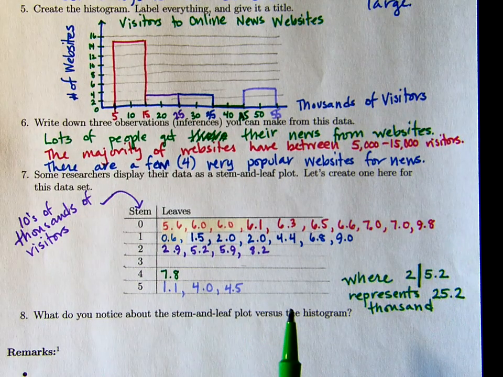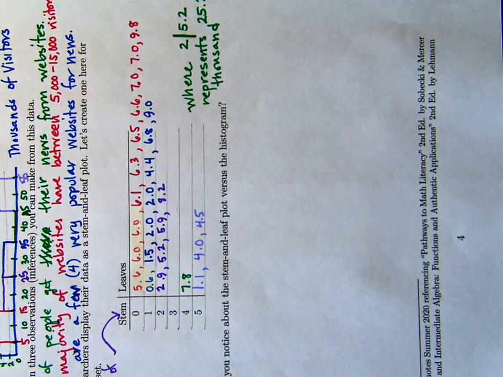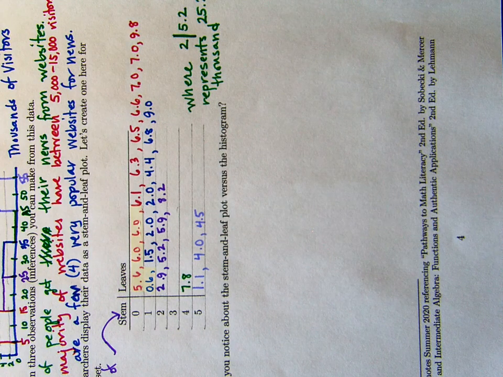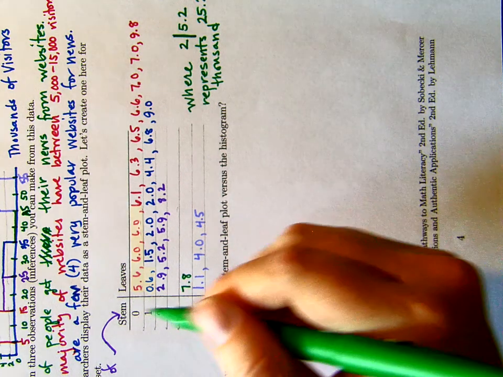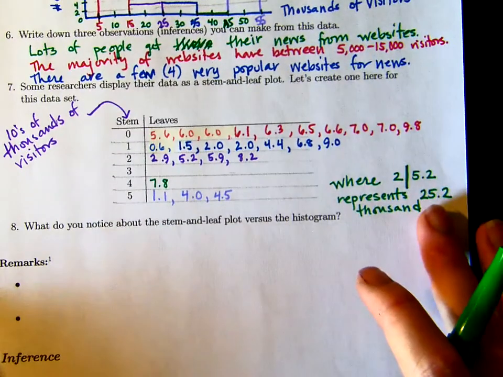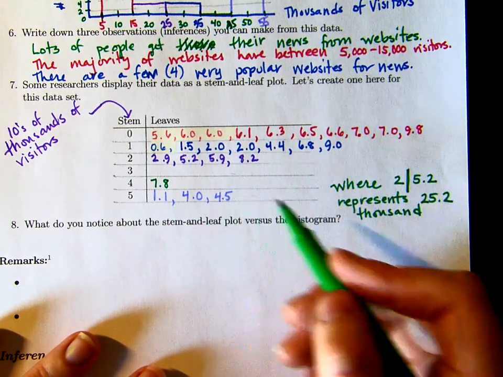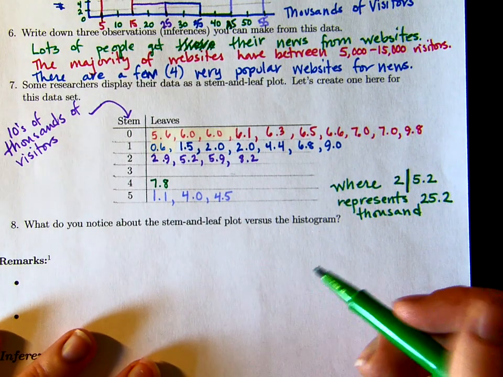But I also noticed that if we switch it like this and we just rotate the stem and leaf chart, it will create another histogram that looks similar, but because we had different classes, it looks a little bit different. So I noticed that stem and leaf plots are a horizontal histogram, kind of.